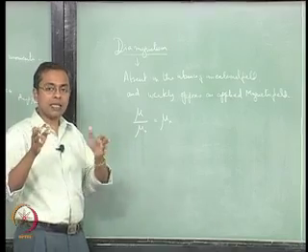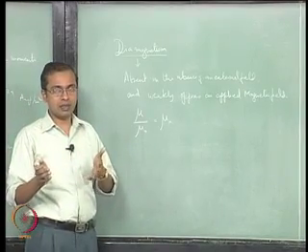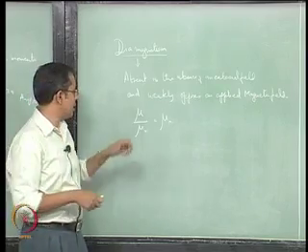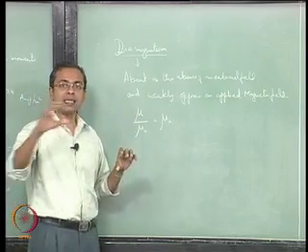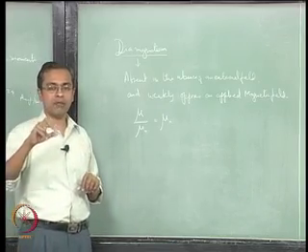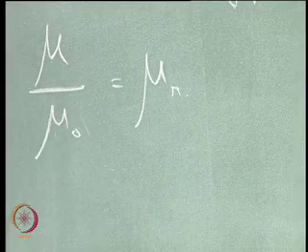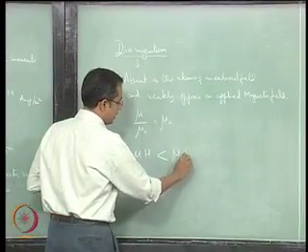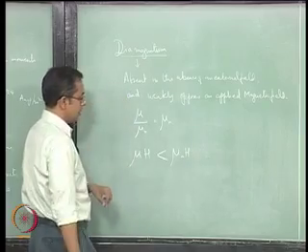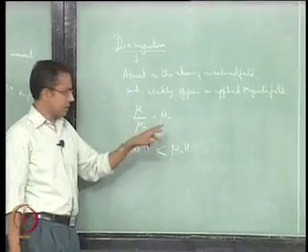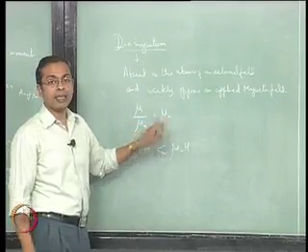This mu times H is less than mu naught times H, and that is how it conveys to you that it is opposing that field. So that is why you are getting a little less induction there than you would if you had vacuum. So mu times H is less than mu naught times H in this case, which, since H is a constant, simply means mu by mu naught, which is this relative permeability, is less than 1.